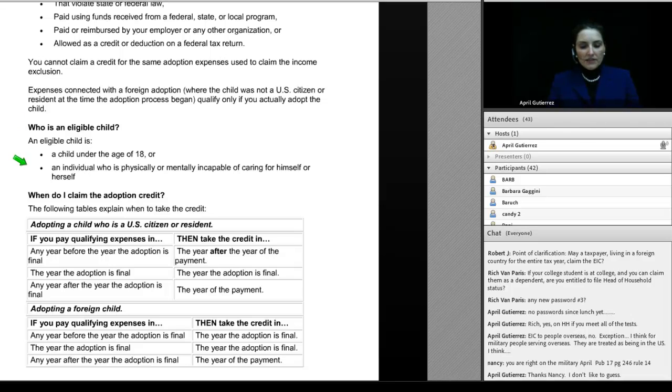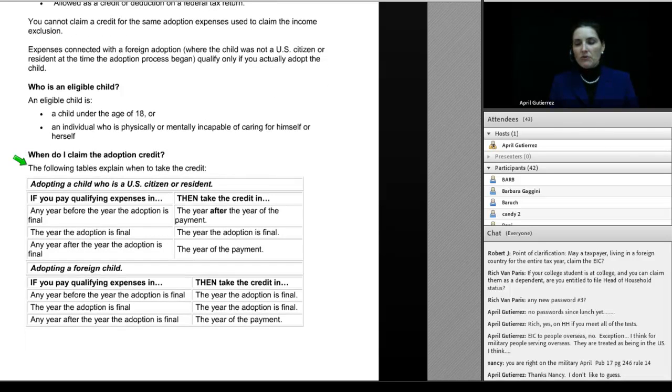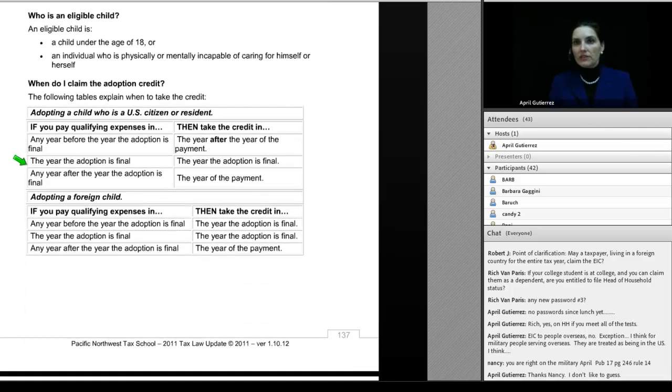So who is an eligible child? An eligible child is a child who is under the age of 18 or an individual who is physically or mentally incapable of caring for him or herself. In other words, you could adopt an adult if they met that definition. When do I claim the credit? Well, it depends. If you adopt a child who is a U.S. citizen or resident, you can claim the credit any year before the year the adoption is final, as long as it was the year after the year that you paid.